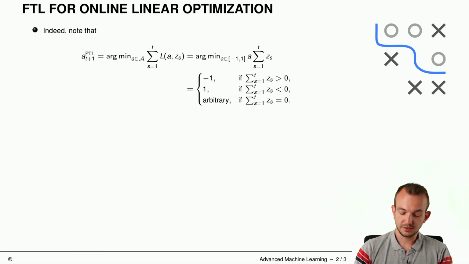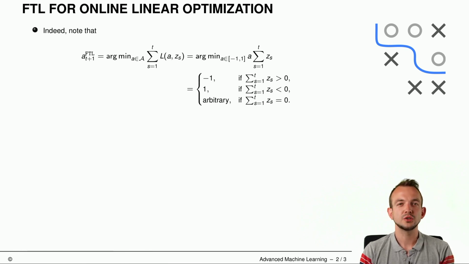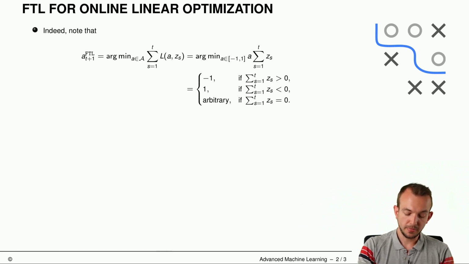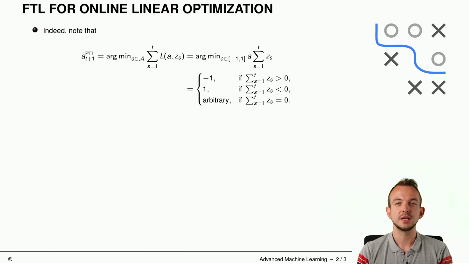Okay, how can we see that this is true? Let's first of all start with the action rule of the follow-the-leader algorithm. Recall, in time step t plus 1, what is the action taken by the follow-the-leader algorithm?